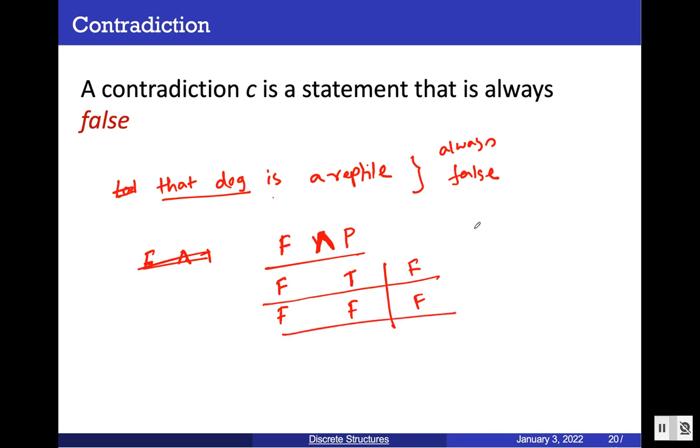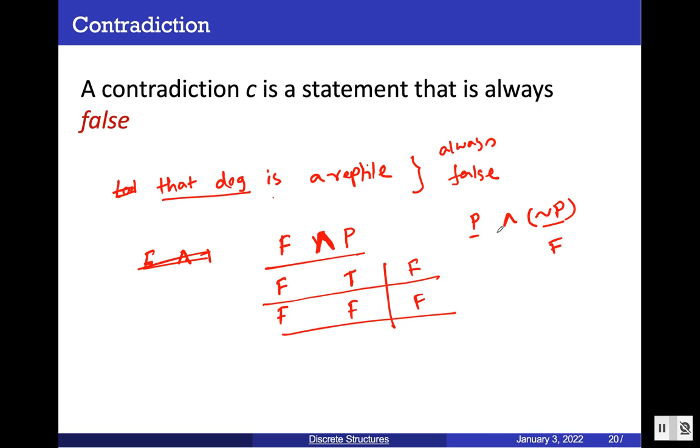All right, or p and not p, that can never be true because either one of them has to be false. So this statement is always false. It's like saying I'm dead and I'm alive. It's not possible. I cannot be dead and alive at the same time.